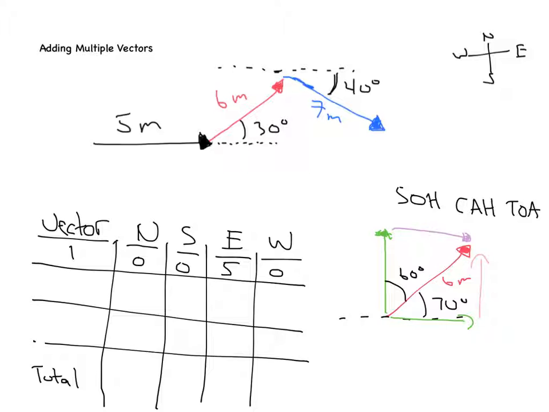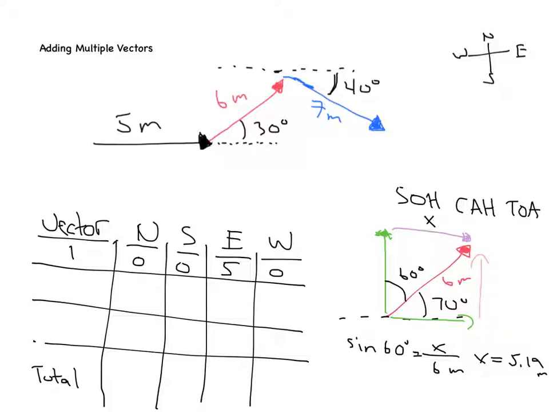So we're going to do sine of 60 is equal to the opposite. So this is the x. So sine of 60 equals x over the hypotenuse, which is 6 meters. Okay, so now I can solve that for x, and I get 5.19 meters.